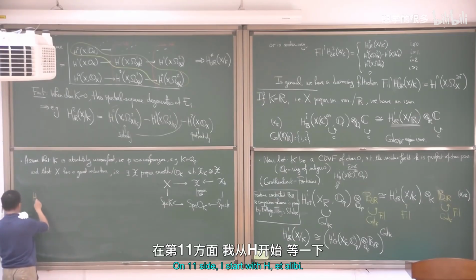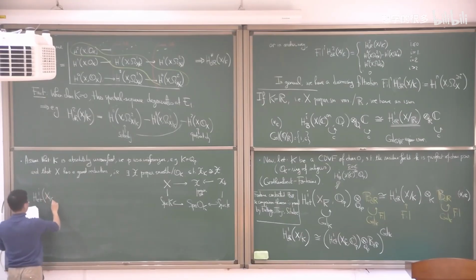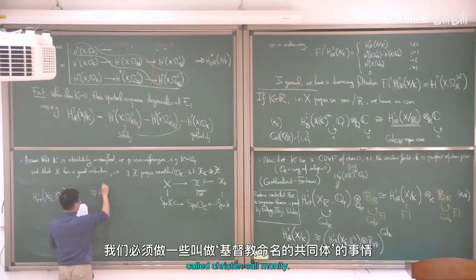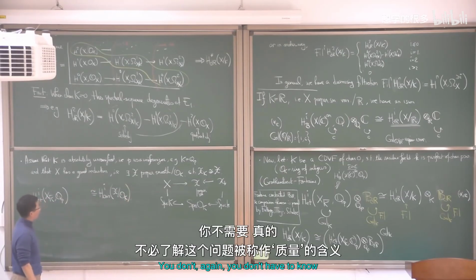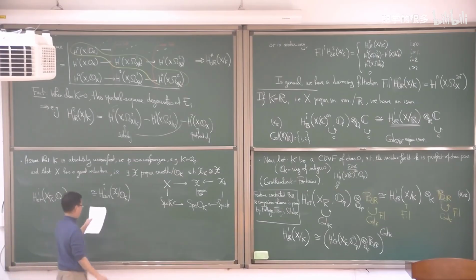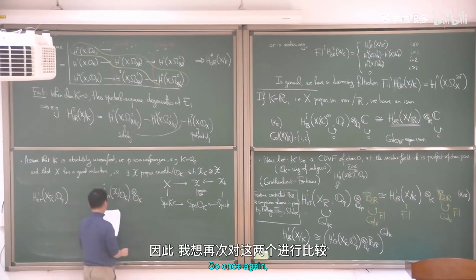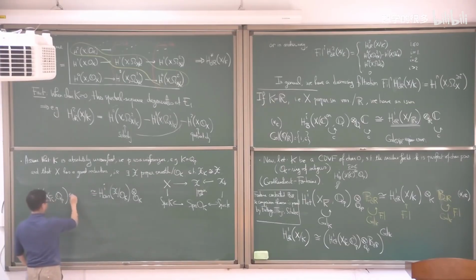On the left hand side, I start with H étale i. I'm going to introduce something called crystalline cohomology. You don't have to know what this crystalline cohomology is. I'll say what it would look like in a minute. So once again, I want to compare these two.